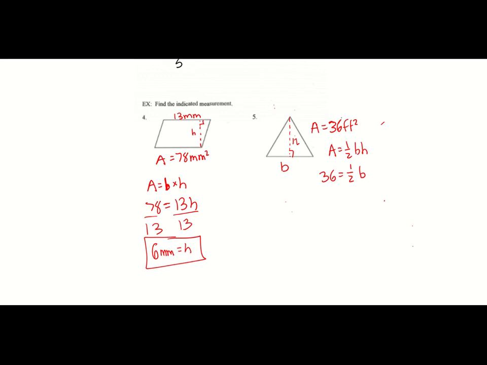We don't know the base, but we do know the height. We can simplify it a little bit. 36 equals 1/2 of 12, which is 6, times the base. Divide by 6, and I get my base is 6. And that would be 6 feet.